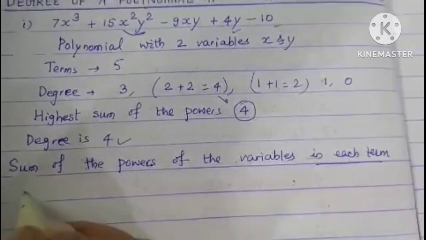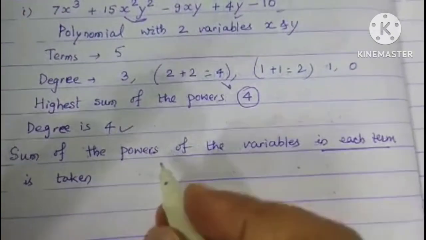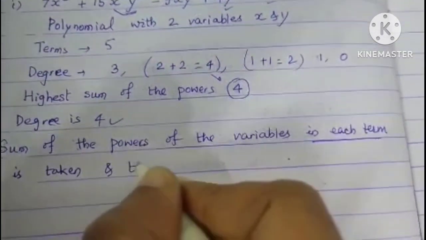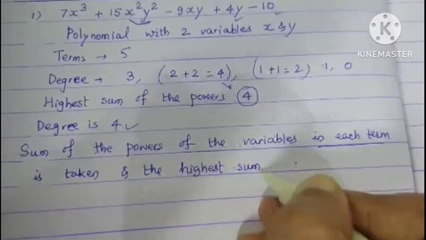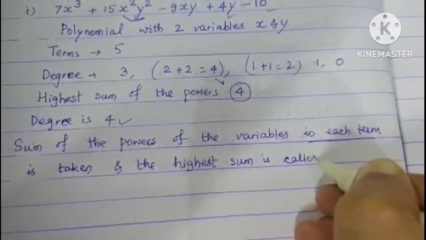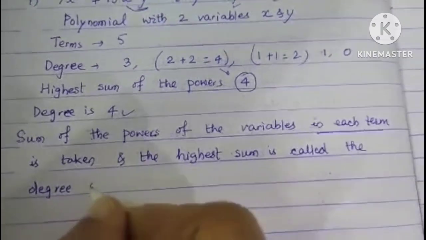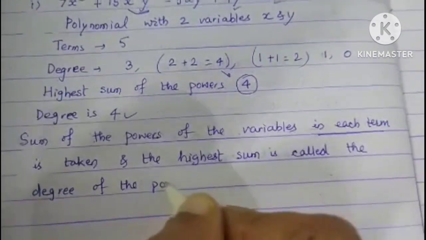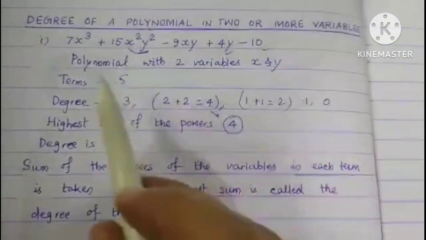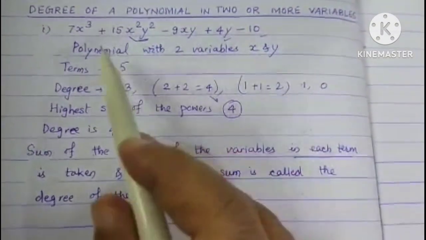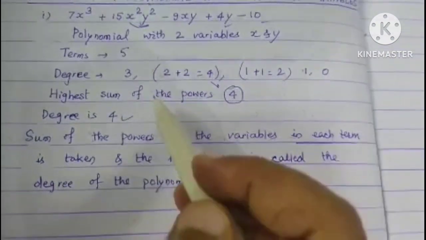The highest sum is called the degree of the polynomial. So we will check each and every term of the polynomial, and in which term we get the highest sum of the powers, that will be the degree of the polynomial.